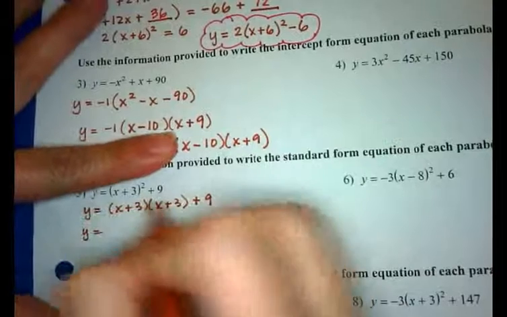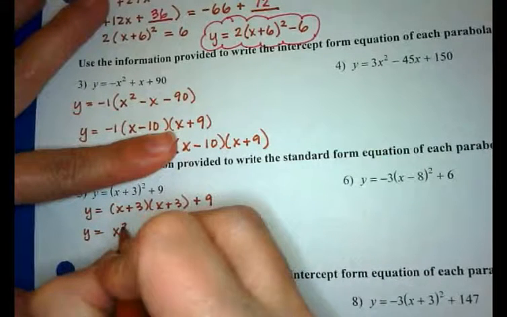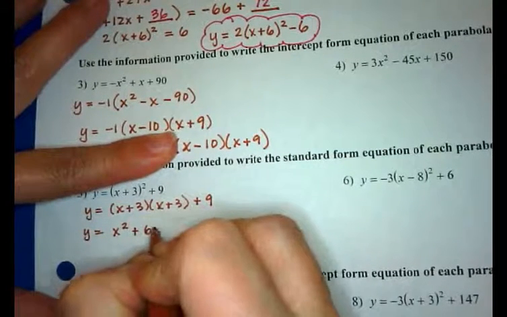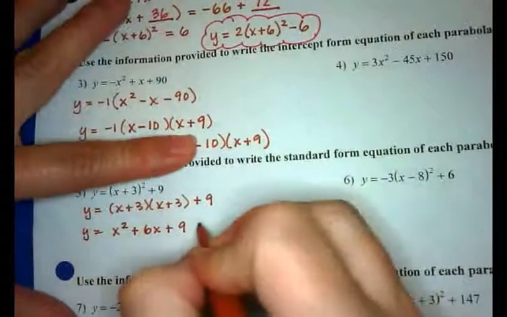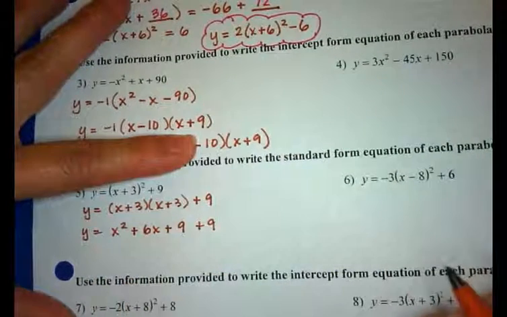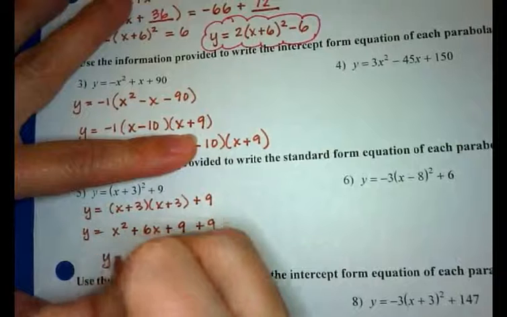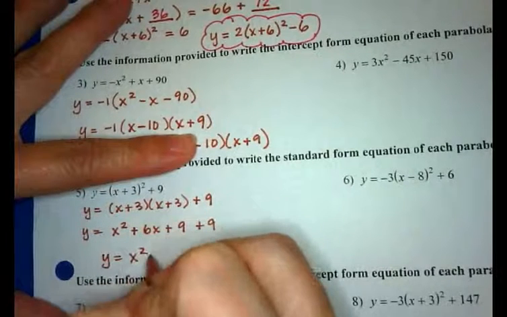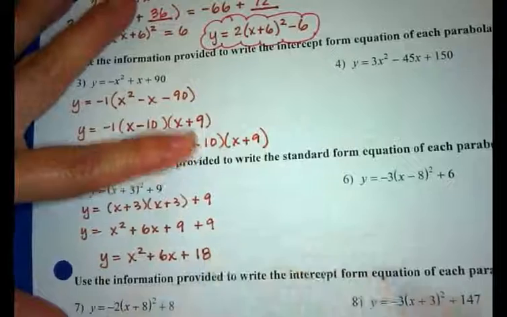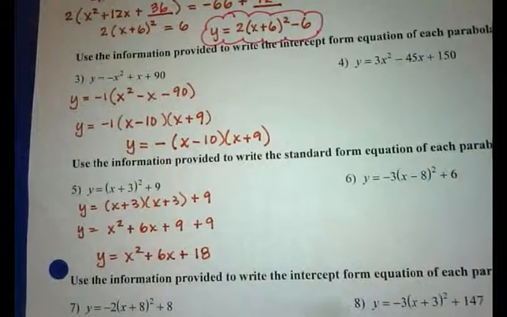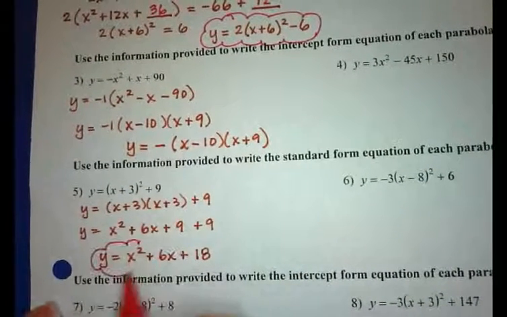So if I FOIL this, I'll get x squared plus 6x plus 9. And then I need to add 9. So I will end up with x squared plus 6x plus 18. And now I have this one in standard form.